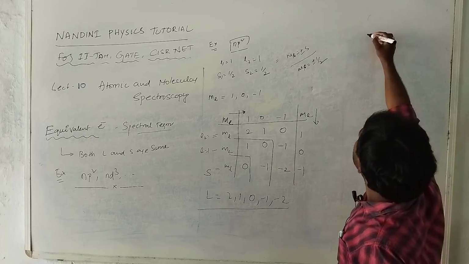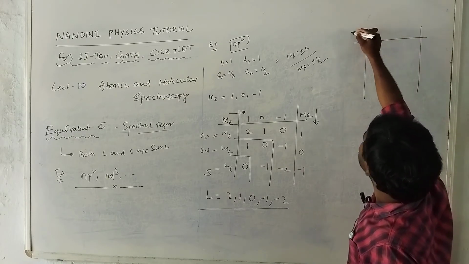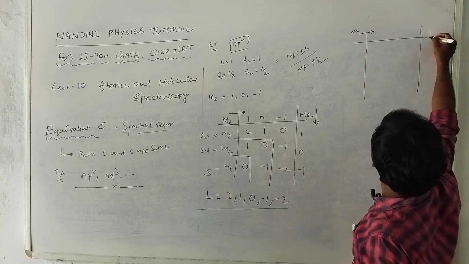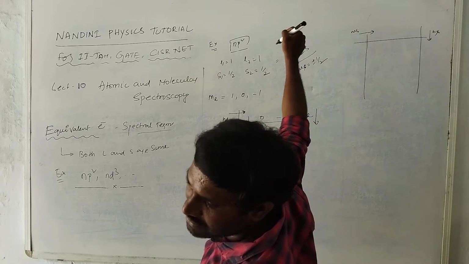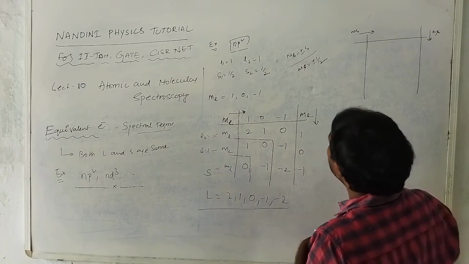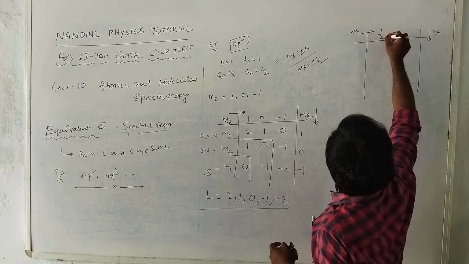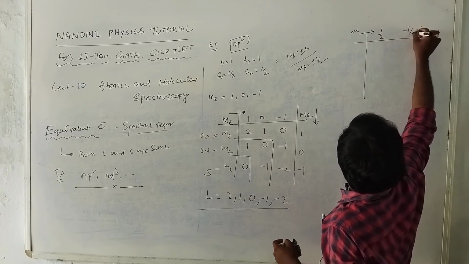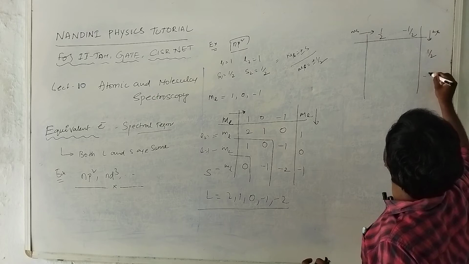So I consider the same diagram once again. One ms is represented here and one ms is represented here. The ms values are minus 1 by 2 and plus 1 by 2. For this ML value, they are 1 by 2 and minus 1 by 2, and similarly for this one.